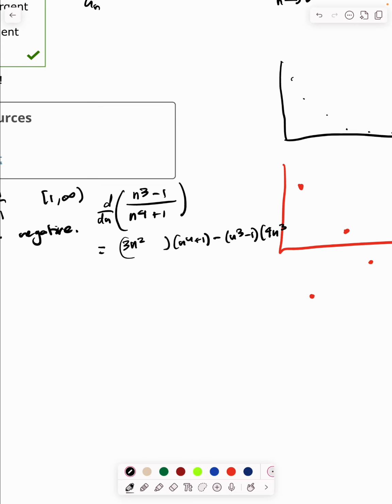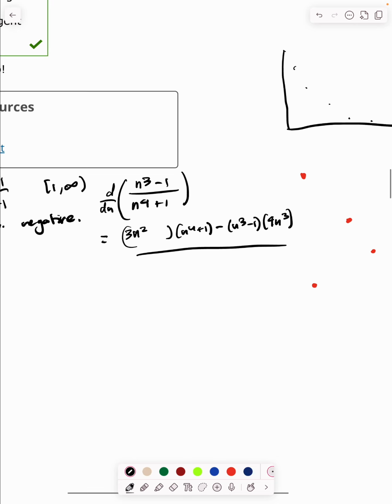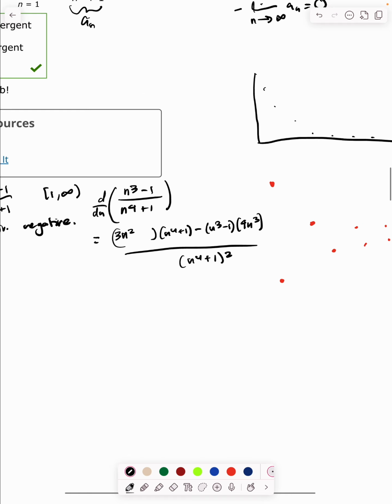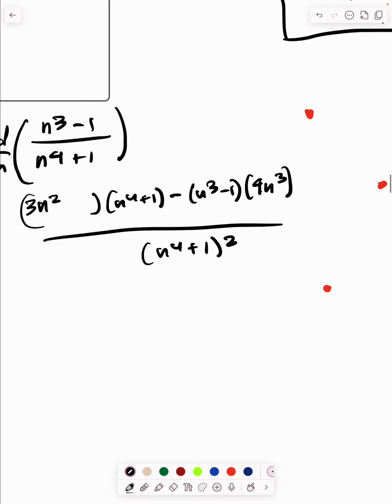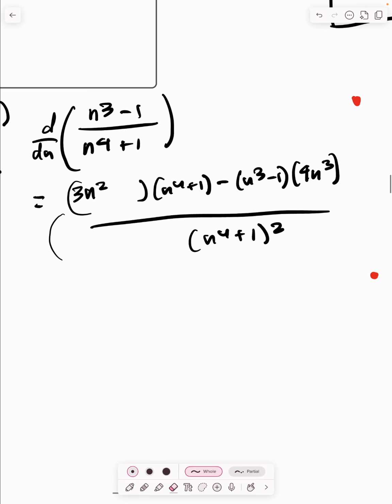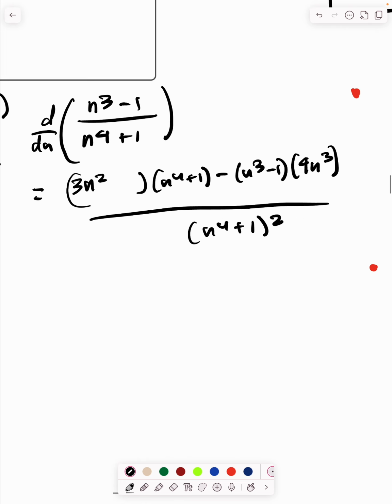Sorry, this is not 1, it's 4n cubed. Over n to the fourth plus 1, squared. Looking at this, it's not exactly clear what it's even doing. I know that the denominator will always be positive, so I don't have to care about that. Let's look at the top, though.